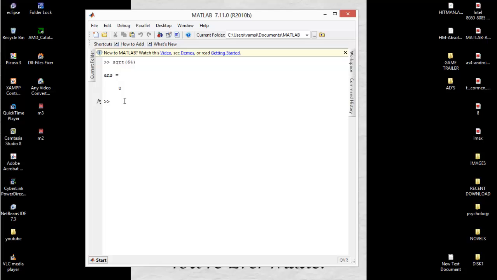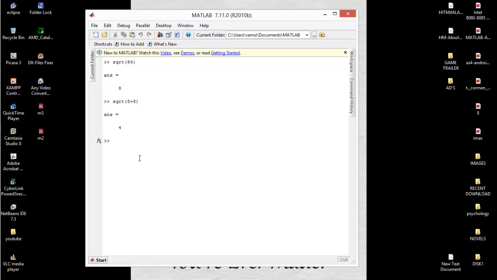Suppose you want to give an argument like 8 plus 8. It gives 4, because the square root of 16 is 4. This is an expression.